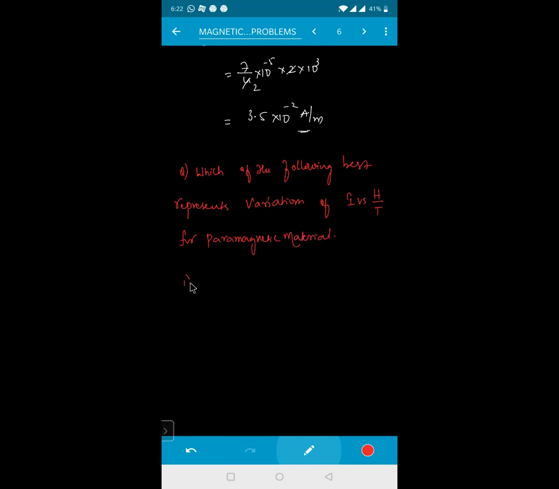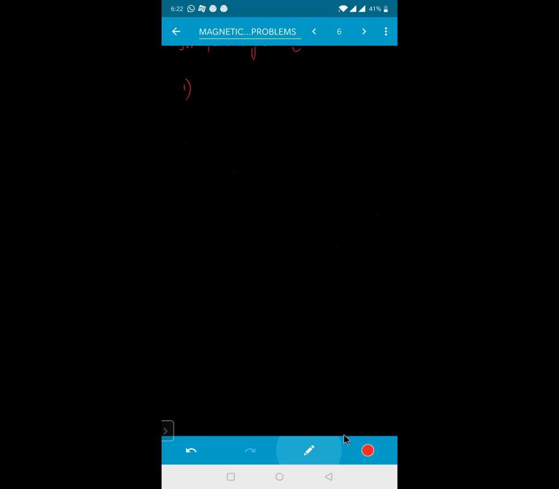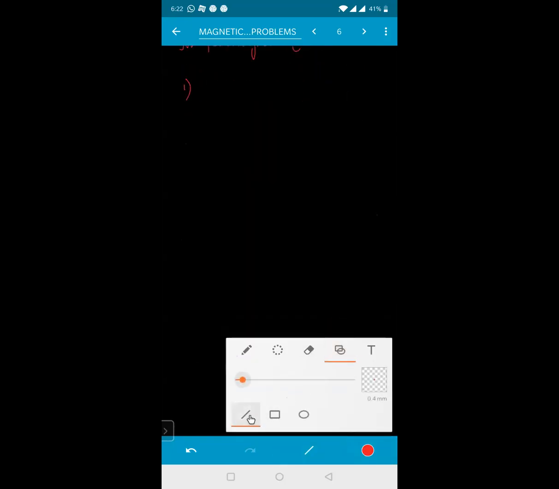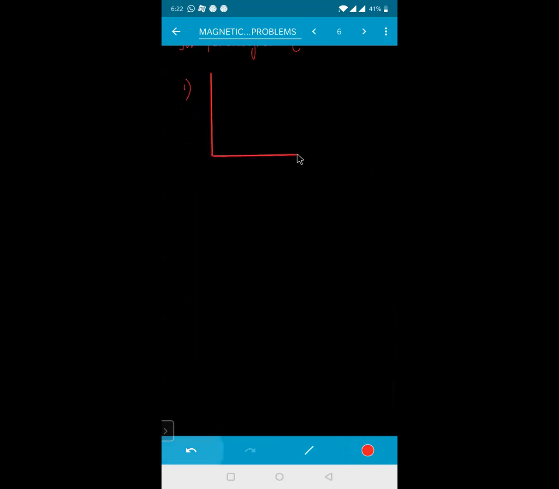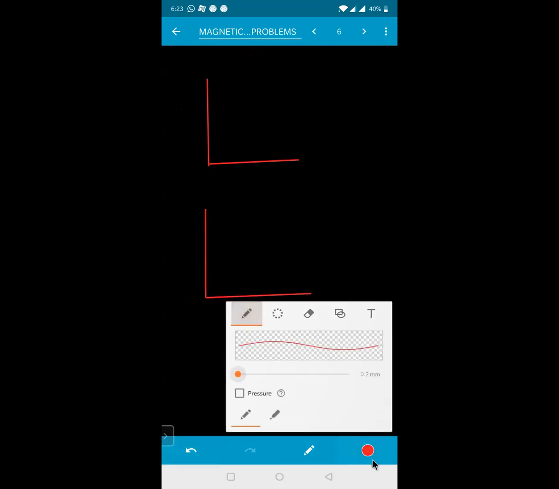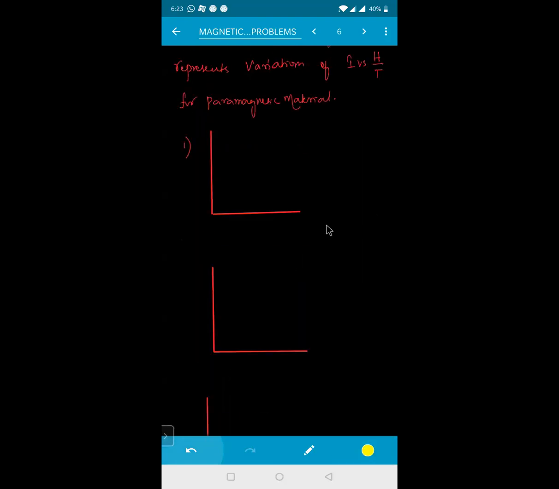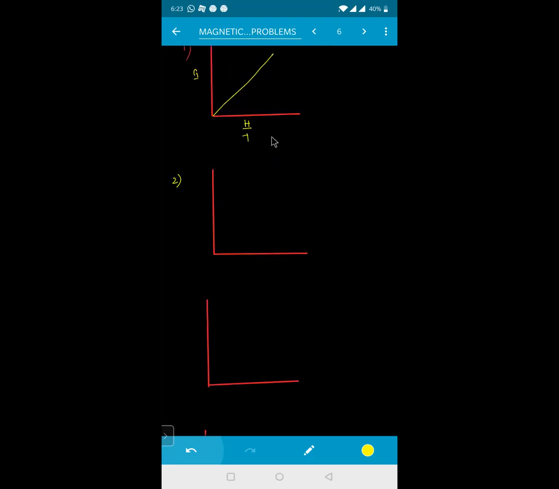Okay, so the first graph is like this. The first graph is between I and H by T. It is a straight line passing through the origin.